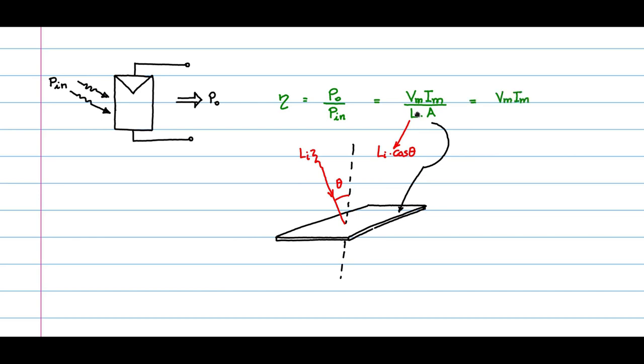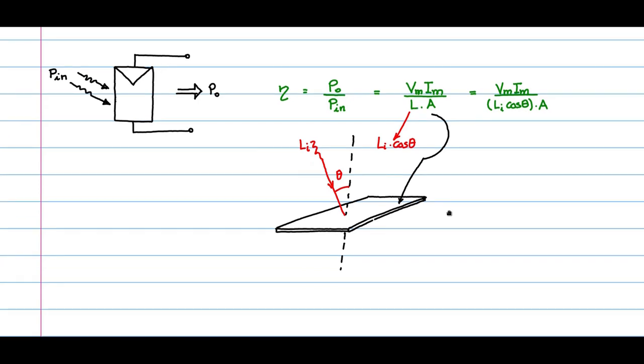Therefore, the efficiency becomes Vm Im by Li cos theta into A. Therefore, P naught is equal to Vm Im, and this is equal to efficiency into Li cos theta into A.